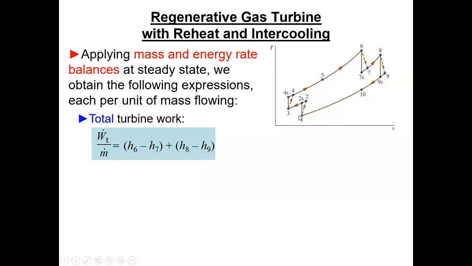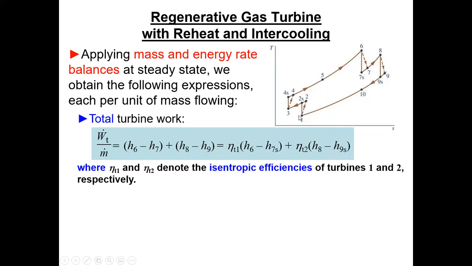Equation-wise, total turbine work, well, we just have 2 turbines. We got the entire flow through the turbine, so we don't have any extractions or anything to worry about. So that's pretty simple. And you can write this with the isentropic efficiencies and just put the isentropic efficiency as a qualifier out front.